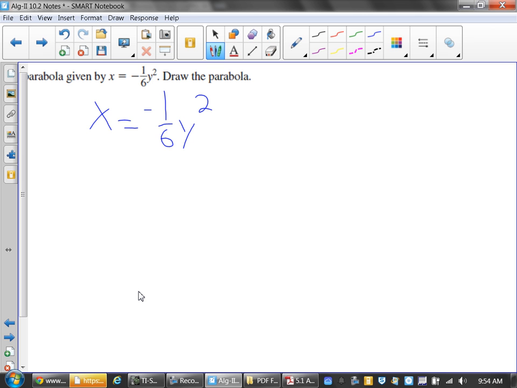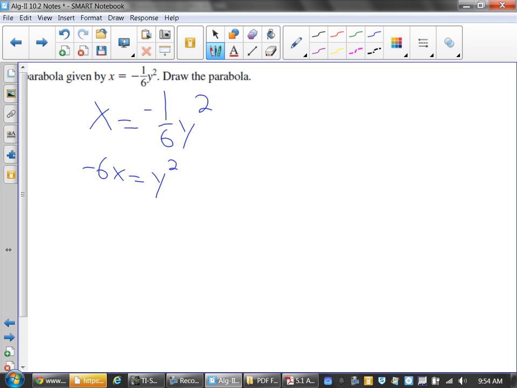We have a y squared problem, so that means this is moving left to right. So what we want to do is get the y squared by itself. How do I get y squared by itself? Multiply by negative 6. Everybody okay with that? So I get negative 6x is y squared.